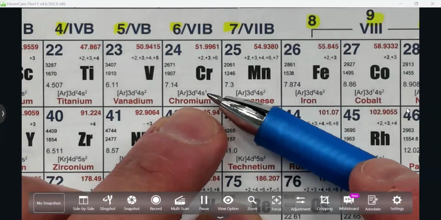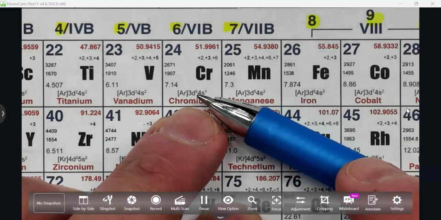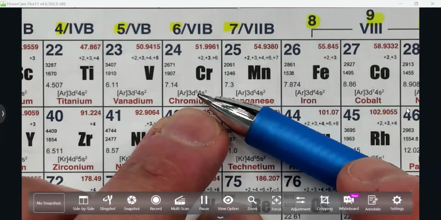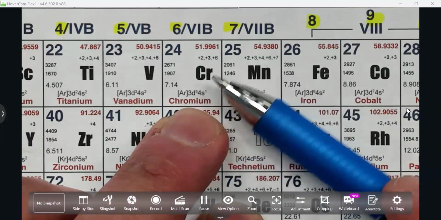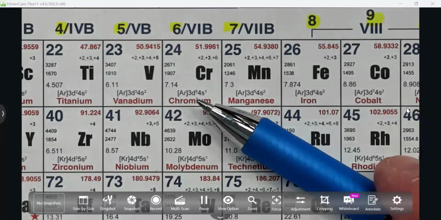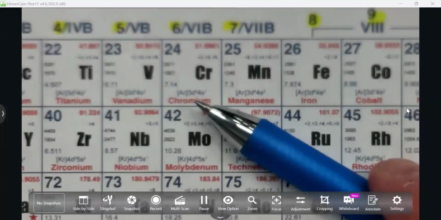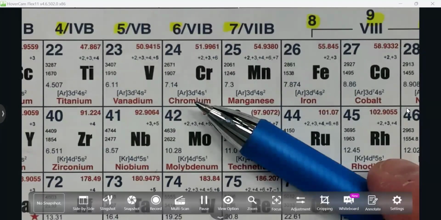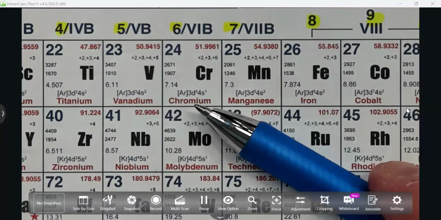One of the electrons goes out of the S, goes into the D. What's that create? 1 electron in each orbital of the same spin. D5, yes? That is really stable. They like that.